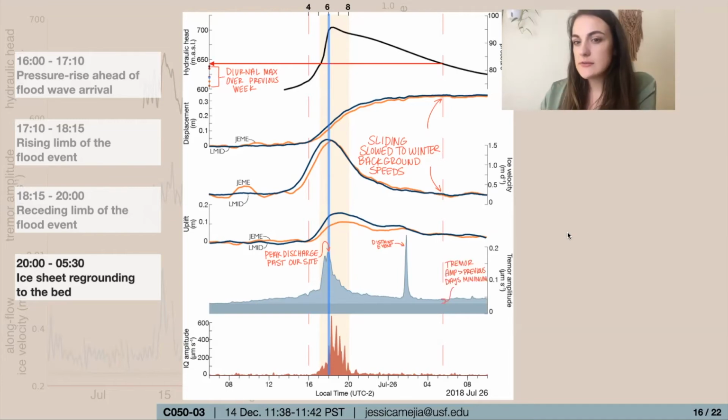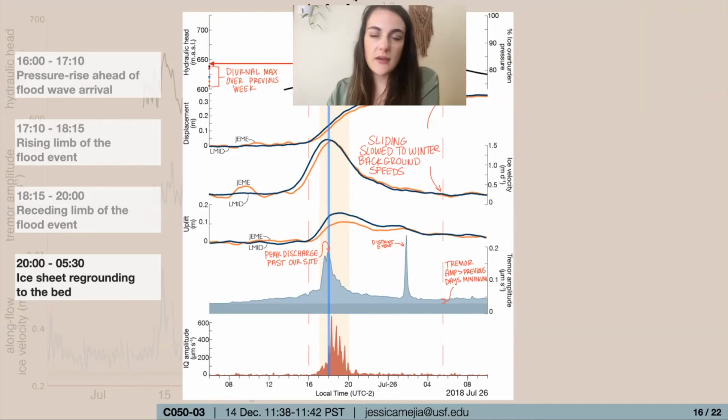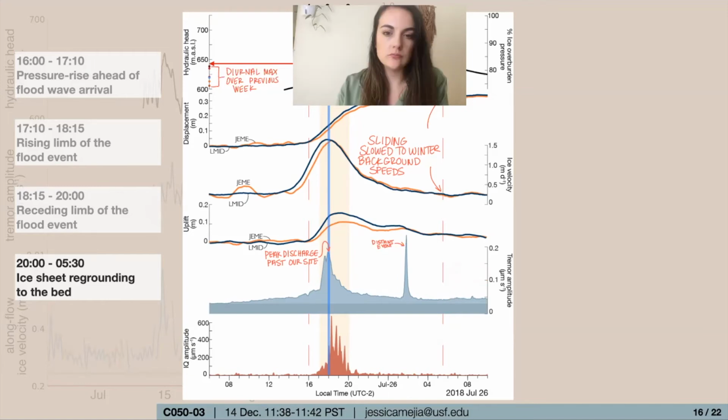At the same time, we see that tremor amplitude was similar to the previous day's value, indicating that the hydraulic capacity of subglacial channels wasn't dramatically increased during the event. This is consistent with modeling work that shows that the timescales for the subglacial flood wave are just too short to induce significant growth of subglacial channels.